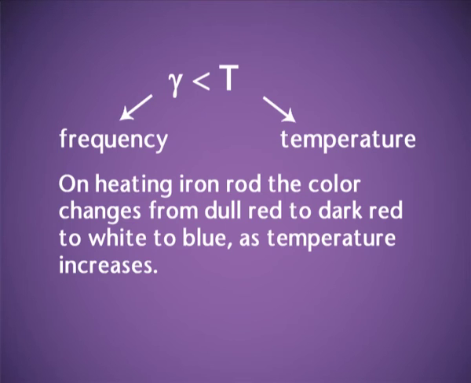But as the temperature increases, the color changes from dull red to bright red and then white and then blue. As the temperature increases, the frequency increases. Frequency and temperature are directly related. The red color falls in the lower frequency region and the blue color falls in the higher frequency region.